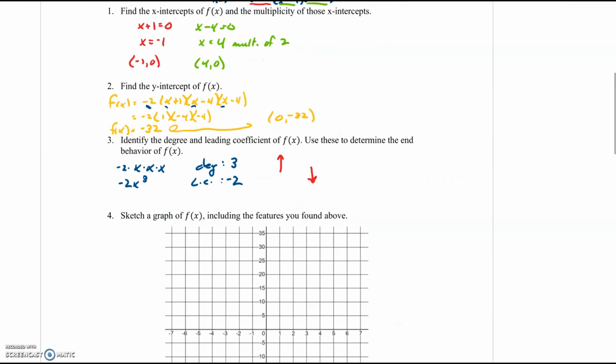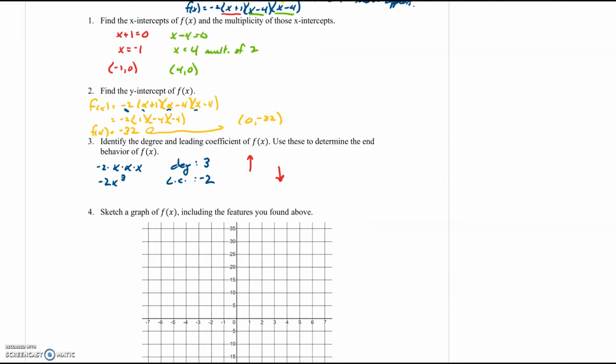Now we want to take all of this information and sketch a graph of our function. We have our first x-intercept at negative 1. We have another x-intercept at 4. Remember, that one has a multiplicity of 2. And then our end behavior goes up on the left and down on the right.